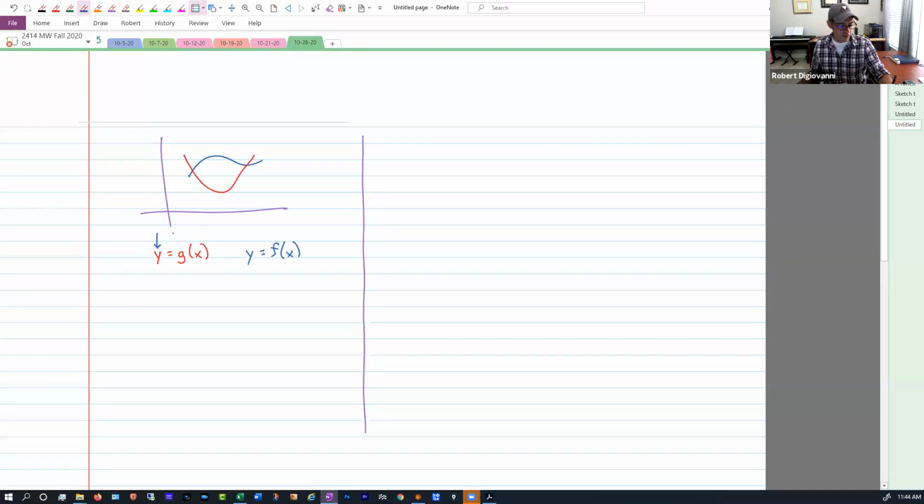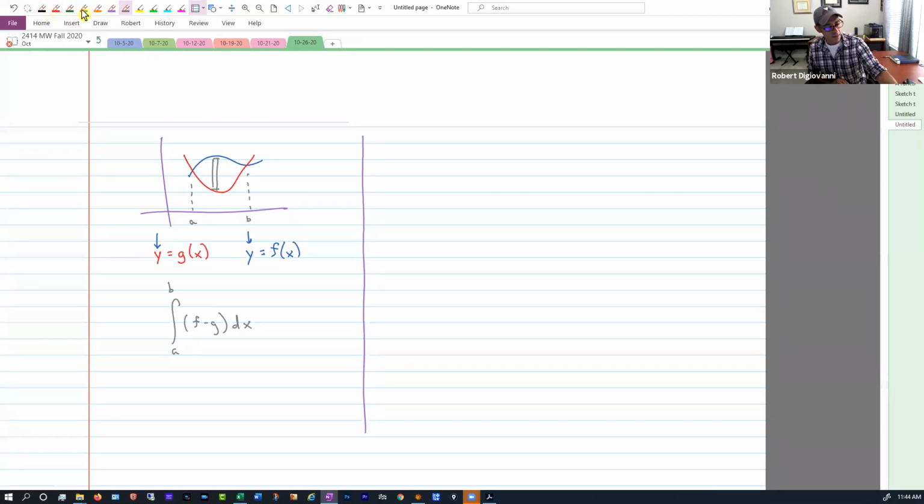That means that they're both solved for y. In that case, we're going to use vertical rectangles. The integral will go from a to b, and we'll be doing the top one, which in this case would be f, take away g, the bottom one, with respect to x.